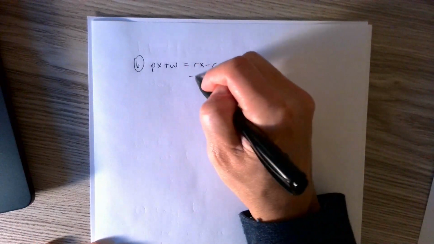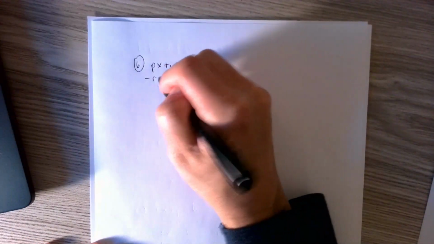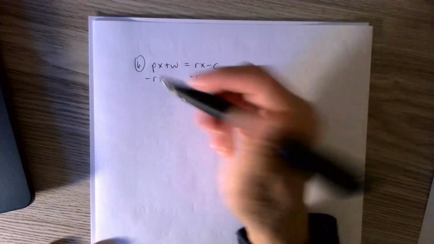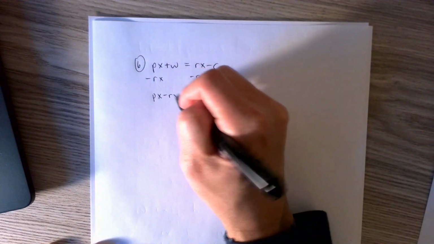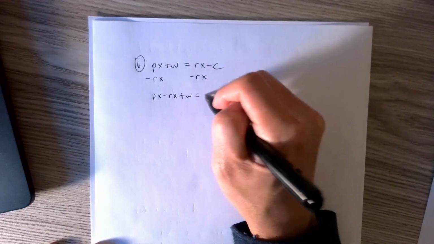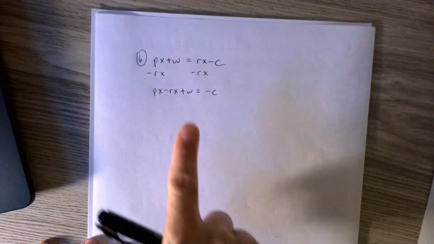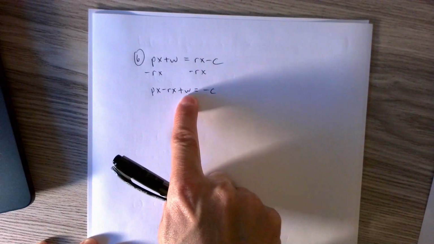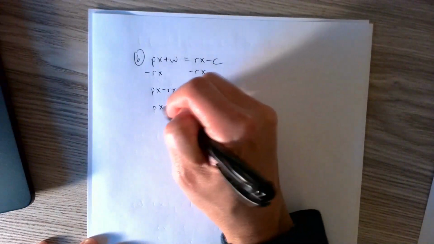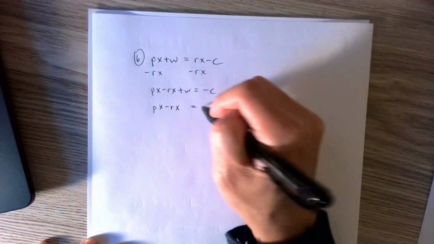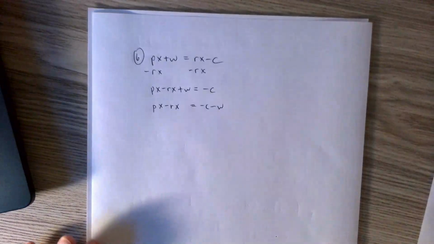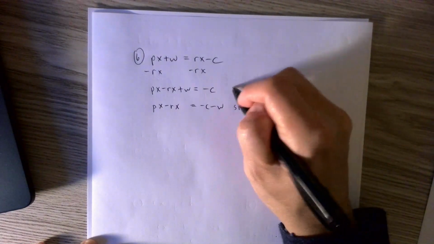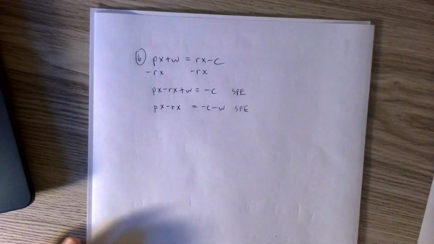So I'm going to subtract rx from both sides. And before I use my reverse distributive property, I need to get rid of that w. That was SPE. So both steps have been SPE so far.